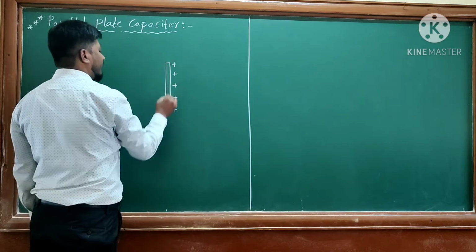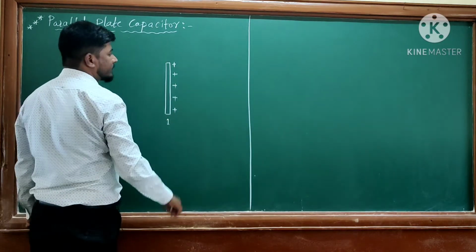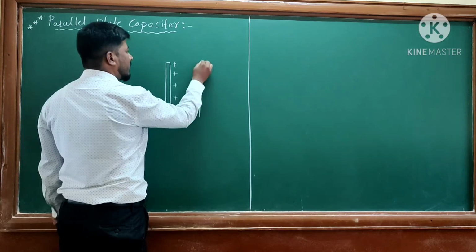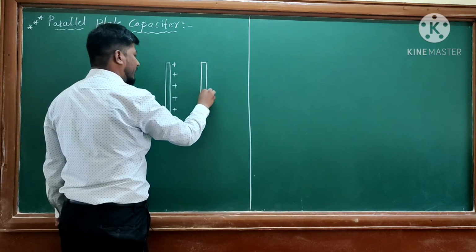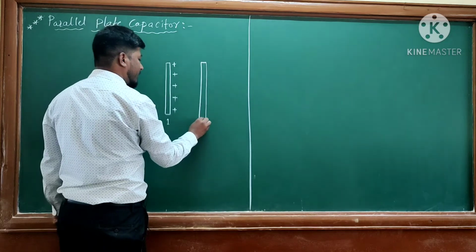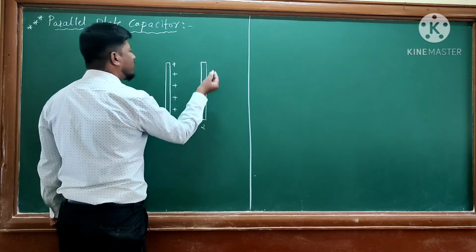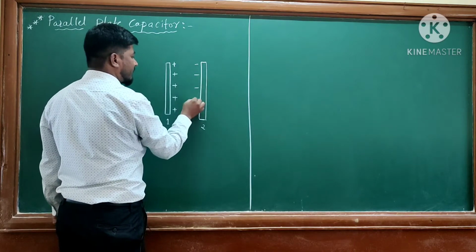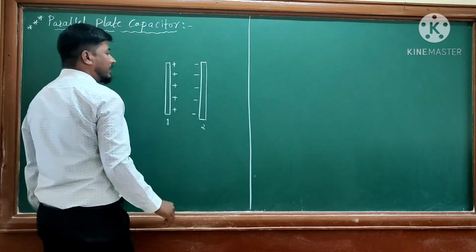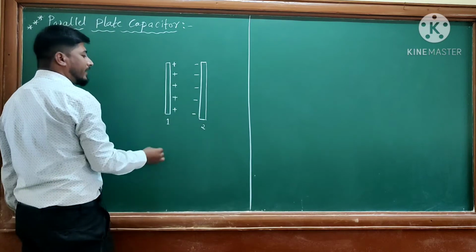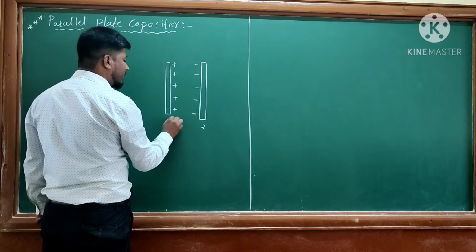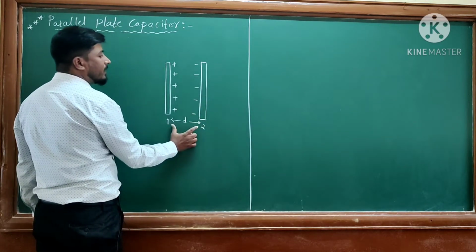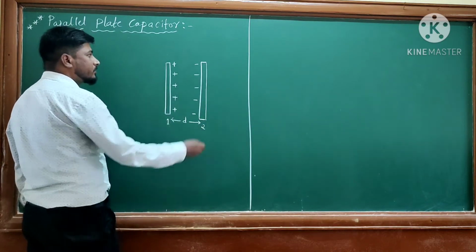I will call this plate 1. There is one more plate, I will call this plate 2, having negative charges. The separation between the plates is d.